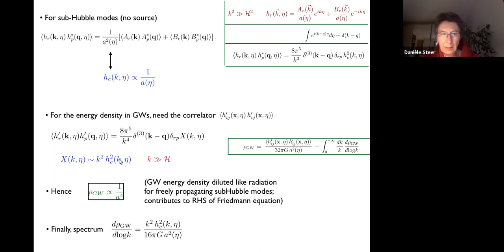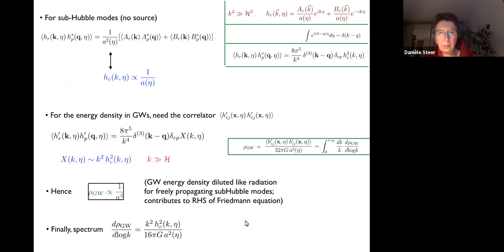So if we put that together, we see that omega gravitational waves has a factor of 1 over A squared in the denominator. And in the numerator, there's this factor of H prime squared, which itself goes as 1 over A squared. So the conclusion is that omega gravitational waves goes as 1 over A to the 4th.